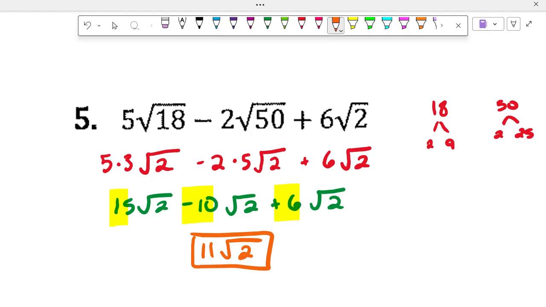So start by simplifying the radicals that look like they can be simplified.